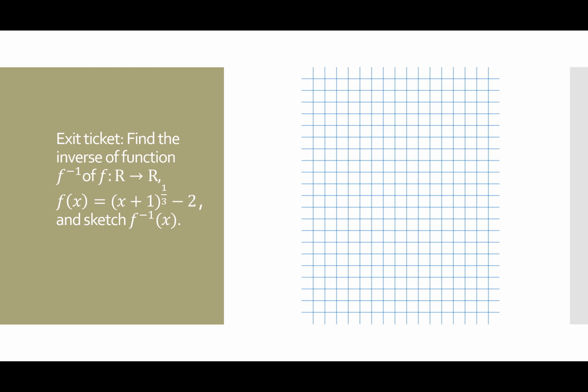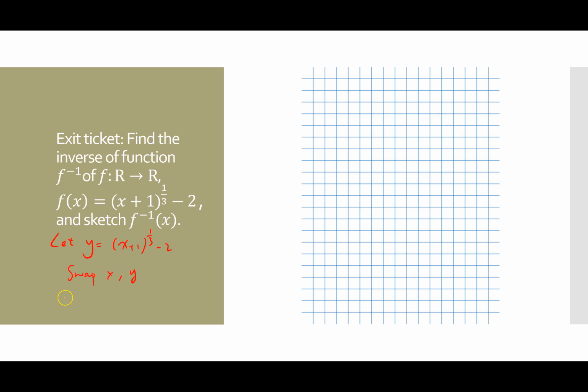Okay, so now in the question, we want to find the inverse function of this f(x) and then sketch the inverse on our Cartesian plane. So our first goal is again to let y equal (x plus 1) to the power of 1/3 minus 2, and then swap the positions of x and y.